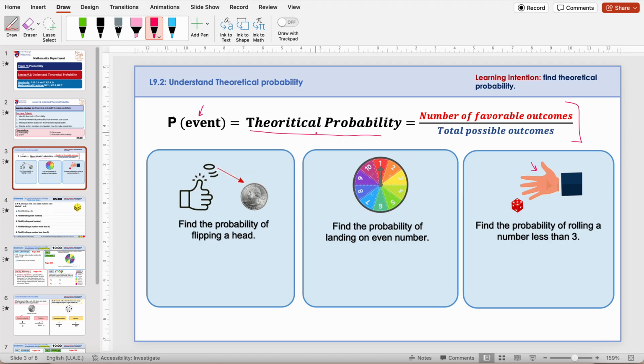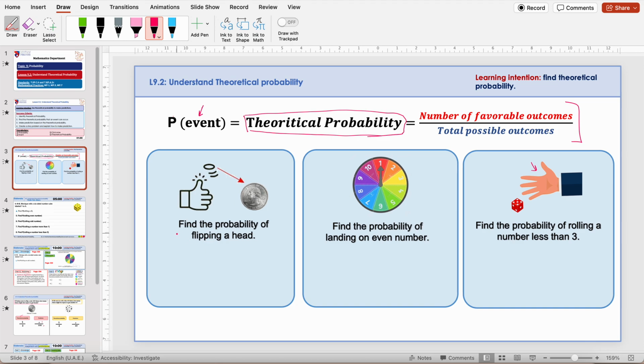We just look for the number of favorable outcomes, and we divide by the total number of possible outcomes, which is basically the same probability that we used to find in the previous lesson. We call it theoretical probability because this is in theory. This is what we expect. This is not the exact future for this event. We're just saying theoretically that this is going to happen.